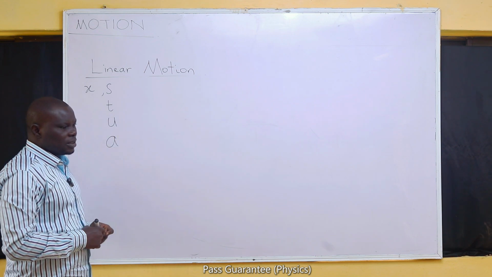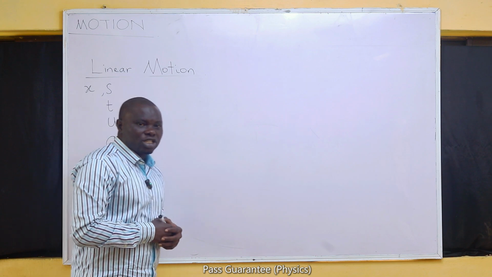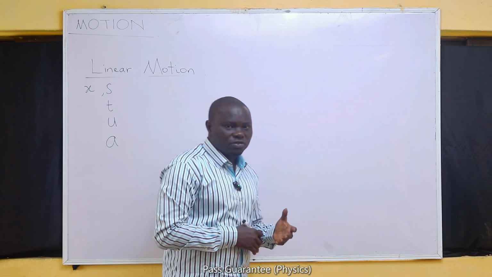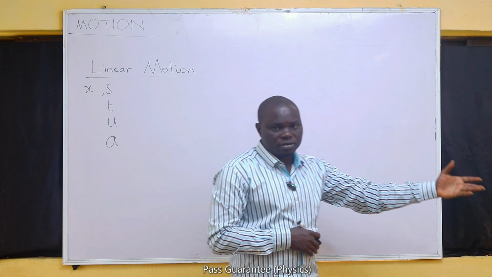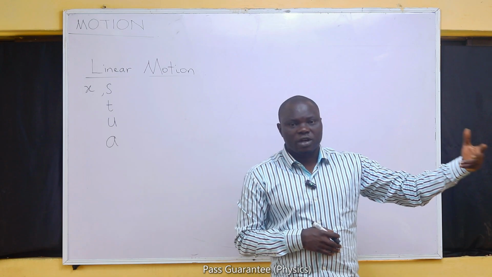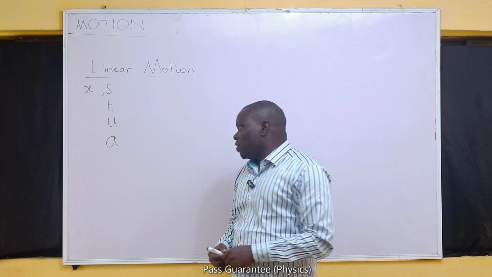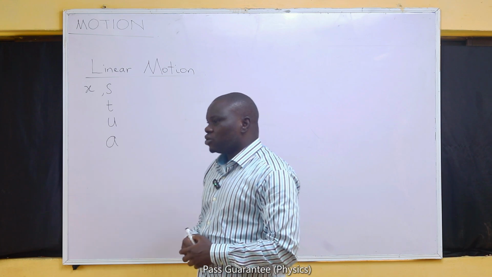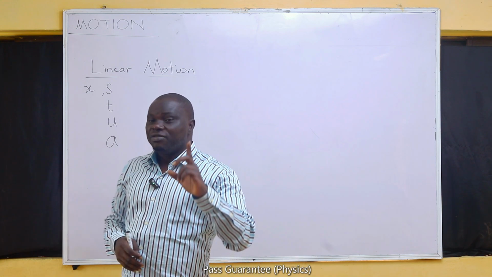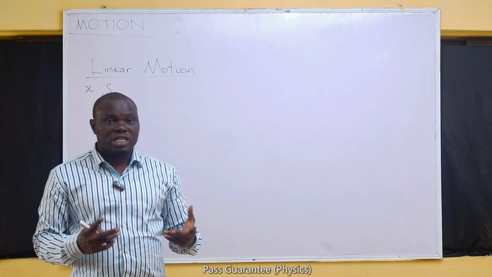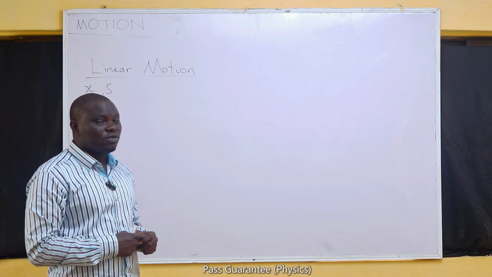The only thing now is anytime there's an acceleration, I said your velocity will have to change from one value to another value. The velocity must change from one value to another value within the time that you are considering. So therefore, it is natural for the velocity to now take up more values if there is an acceleration. If there is no acceleration, we are going to be talking about only one velocity.